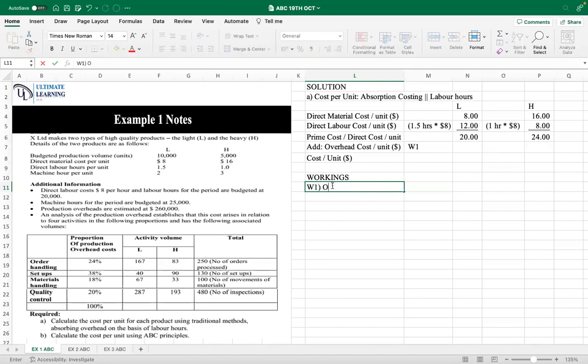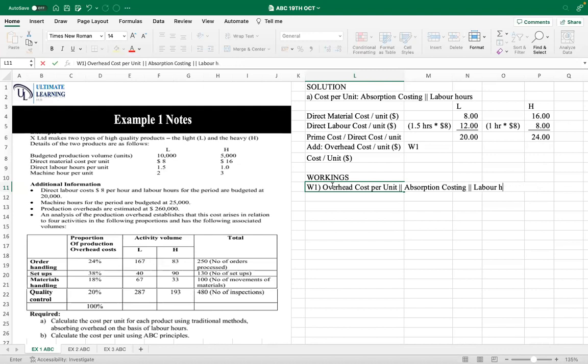I want to calculate overhead cost per unit using absorption costing, and we are using labor hours used to apportion.